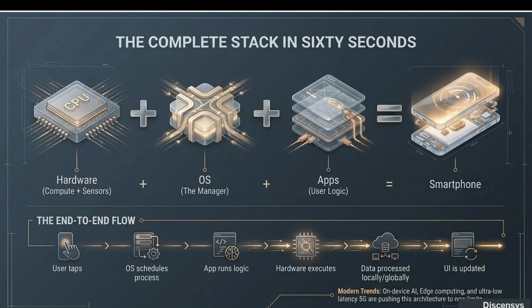Let's recap what we have studied. The main components of the smartphone are the hardware, which is the computational resources and the sensors; the OS, which is the manager that manages the hardware and applications, and is the operating system; and applications, which are the user logic running on our phone.